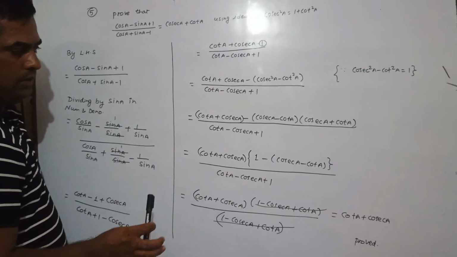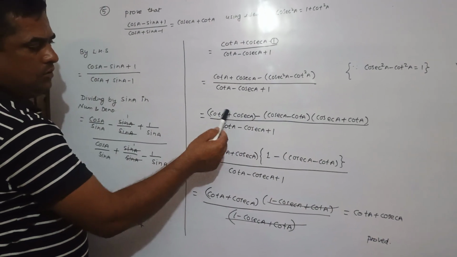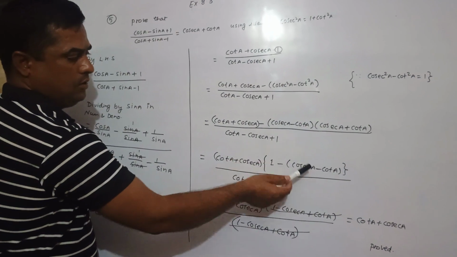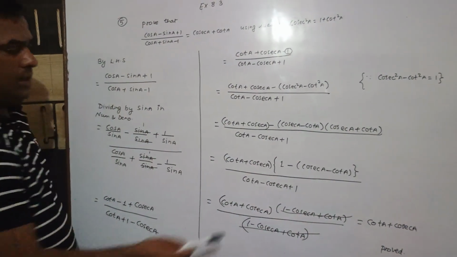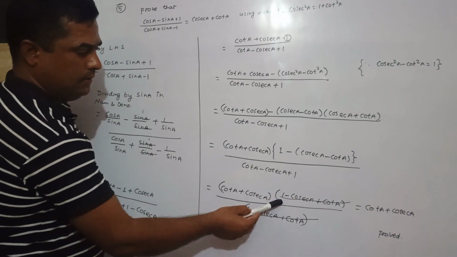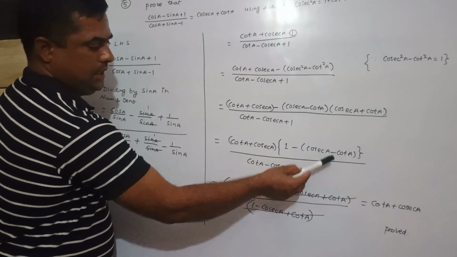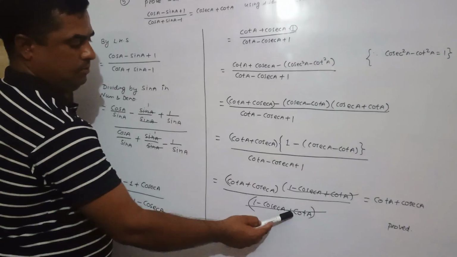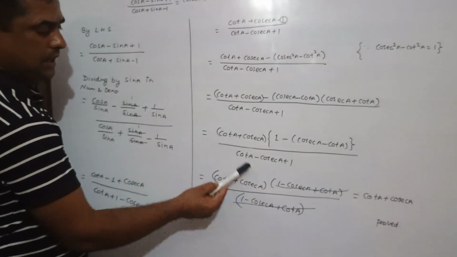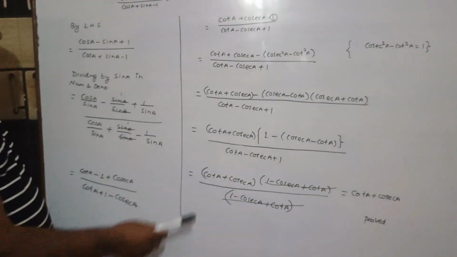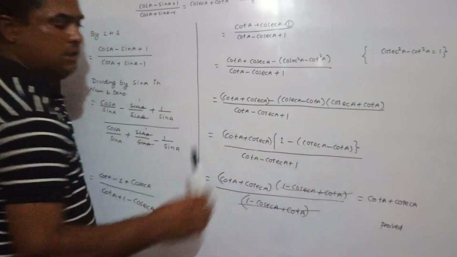What will we write here in the place of cot A plus cosec A? 1 minus, this term is common, so we will write only cosec A minus cot A. Multiplying by minus inside the bracket, we will get 1 minus cosec A plus cot A over 1 minus cosec A plus cot A. Actually we are rearranging this denominator, 1 then minus cosec A and then plus cot A. Now these two terms are the same, so this term is cancelled out by this term. So what will we get here? Cot A plus cosec A. This is your right hand side.